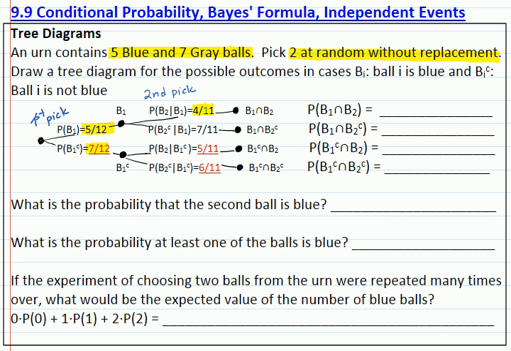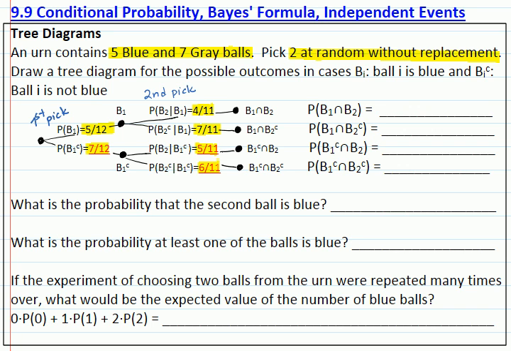Or ball 2 is not blue, but ball 1 was blue, 7 out of 11. There are 7 balls that are not blue and 11 in the urn. Or the second ball will be blue, but the first ball was not blue, so 5 out of 11. Or the second ball was not blue and the first ball was not blue, 6 out of 11.